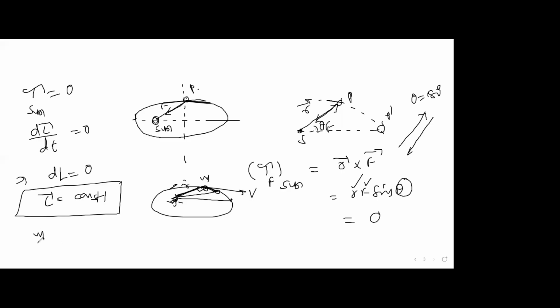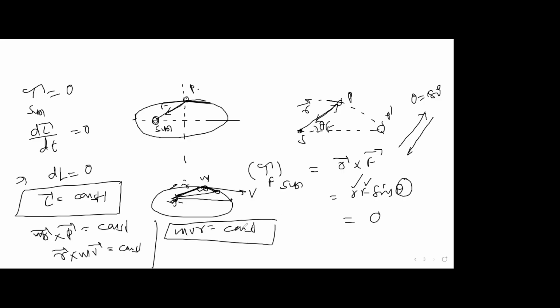Angular momentum you can simply write as r bar cross p bar is constant, or r bar cross m v bar is constant, or for a small angular displacement simply mvr. If not mentioned, you should simply take r bar cross p bar, where p bar is the momentum vector. If it is circular, the velocity is perpendicular to the radius, so the angle is 90, sin 90 is 1, so you can write mvr.